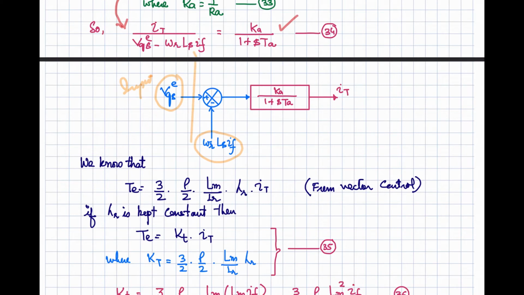This term is linked over here and is being subtracted from the feedback path. So you are going to get the difference of these two, that will be representing this denominator, and if it is passed through this transfer function, you are going to get it. So in terms of control diagram, you can represent it like this.